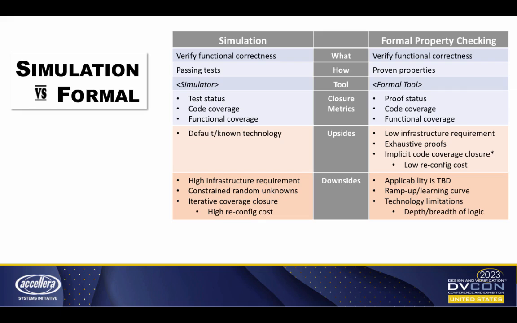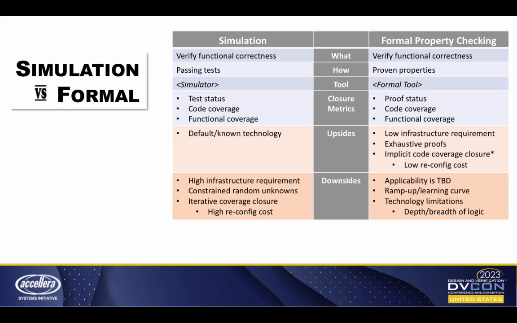For me, it's more convenient than simulation. In simulation, you have to reconfigure or run tests multiple times with different configurations and aggregate coverage across those different test runs. With formal, a lot of the times you can cover different configurations within the same proof. So again, it's just more convenient there.